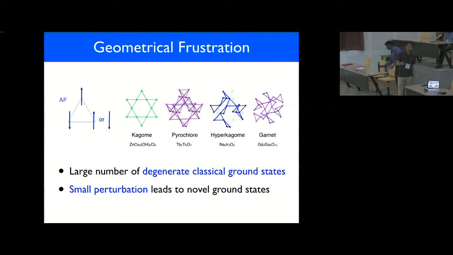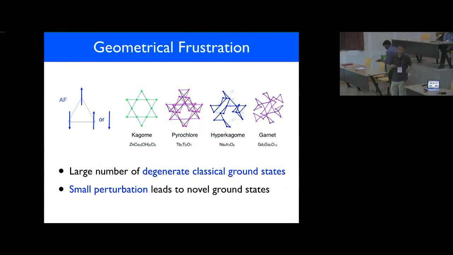You can start from this simplex and build up some very complicated lattice structures. The material scientists actually build all of these materials, and you can have very complicated lattices. All these materials share some features.